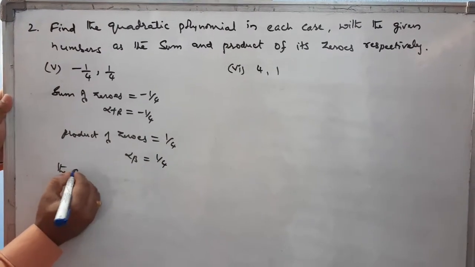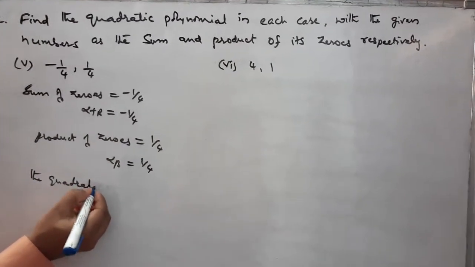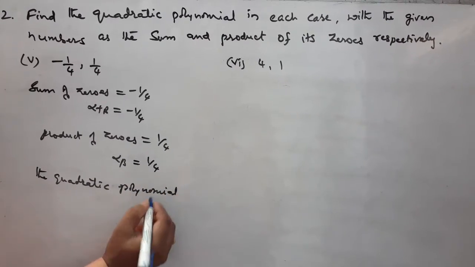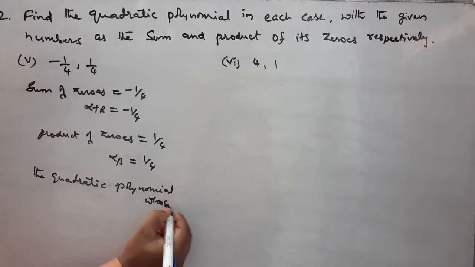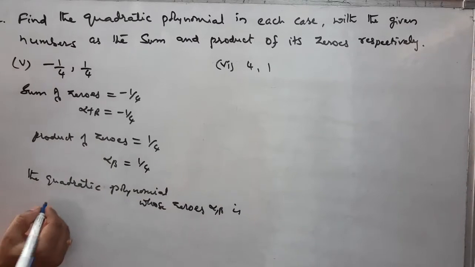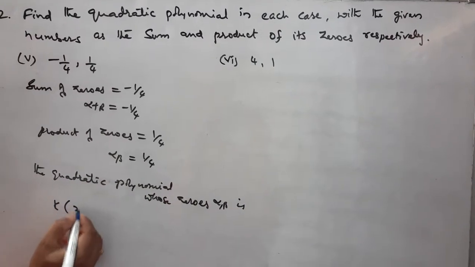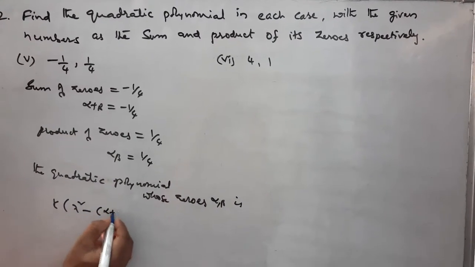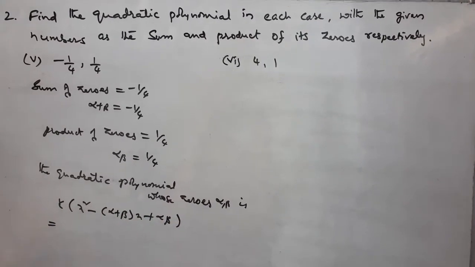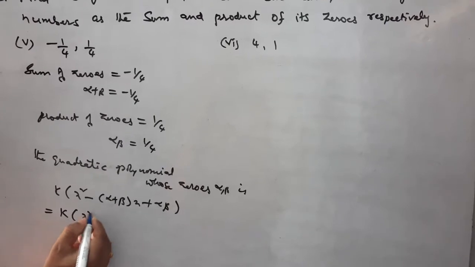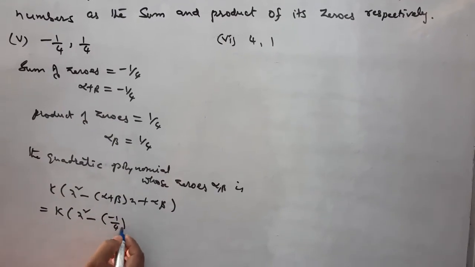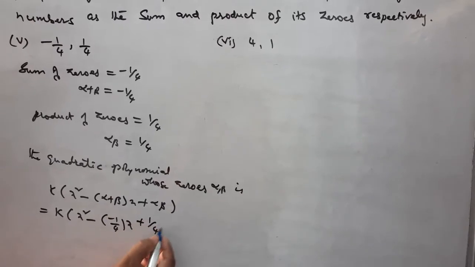Now the quadratic polynomial whose zeros are alpha, beta is k into x square minus (alpha plus beta) into x plus alpha beta, that is k into x square minus (minus 1 by 4) into x plus 1 by 4.